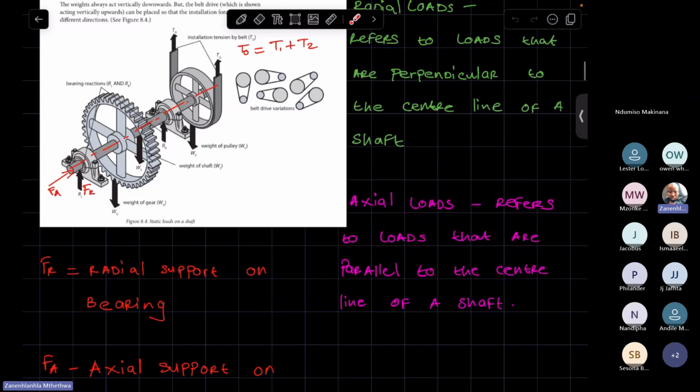So bearings, being a support for the shaft, provide a reaction that supports either radial loads or axial loads or both, depending on the kind of bearing. You get bearings that support either radial or axial loads, and bearings that are able to support both axial and radial loads.